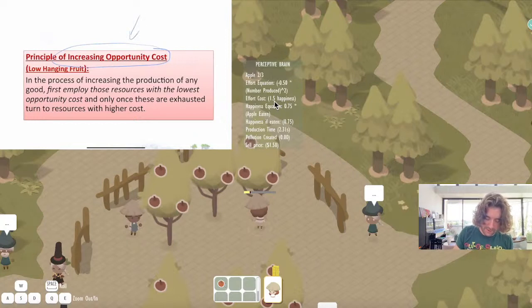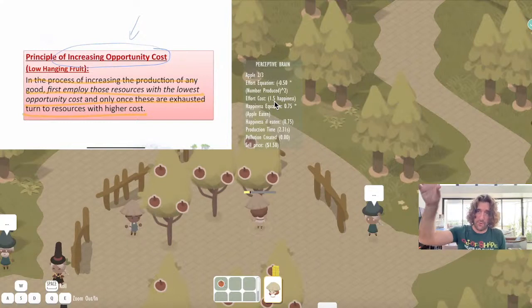Increasing opportunity cost says that in the process of increasing production of a good, you should first employ those resources with the lowest opportunity cost, and only once these are exhausted, turn to resources with higher cost. This is also called the low-hanging fruit principle, and clearly is represented at this level.